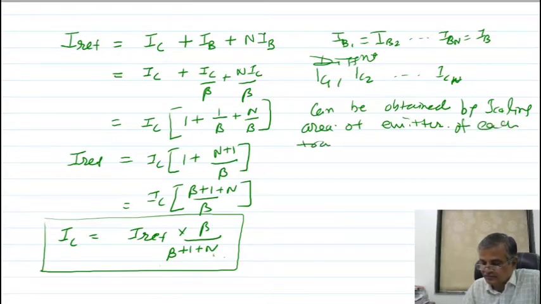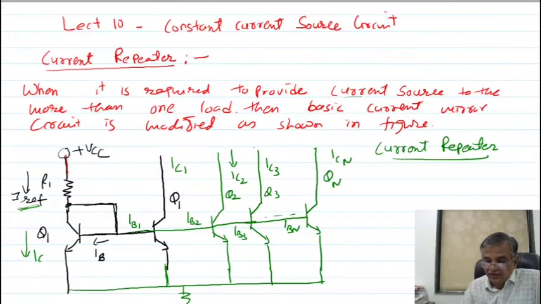Means if you take the emitter area of each transistor different, then you can get different values of the collector current. So different values of the current source can be provided to each load by scaling the emitter area of each transistor.